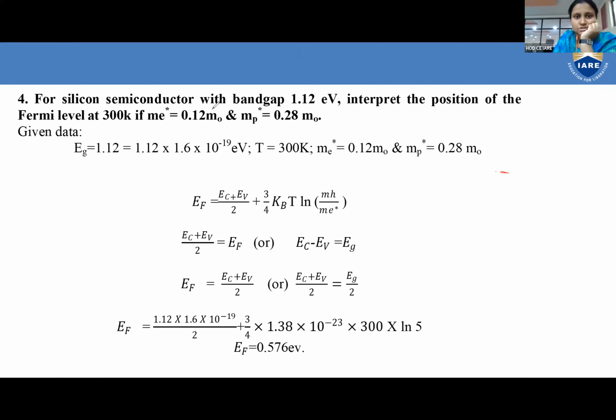Looking at the data given, we were given the value of band gap, but it is in electron volts. How to convert band gap from electron volts to joules? The conversion is 1.12 into 1.6 into 10 power of minus 19 joules. So we are converting electron volt energy into joules.